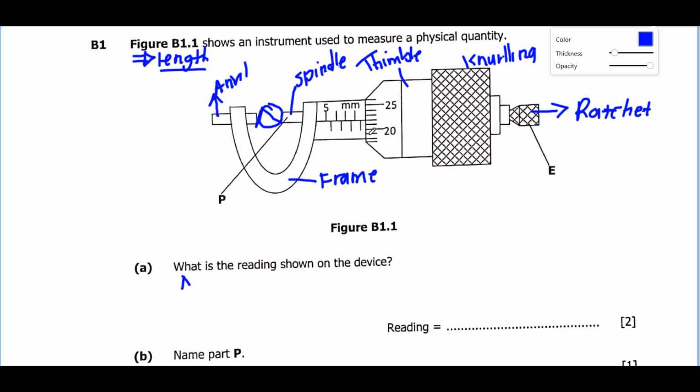So question A, we just want the reading. So we'll start with the main scale. Then the second one is the vernier scale. So the vernier scale tells you the scale that is moving. Right, so from the main scale, this is the main scale here.